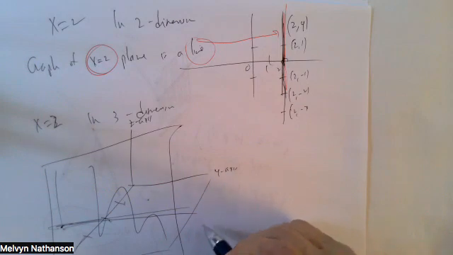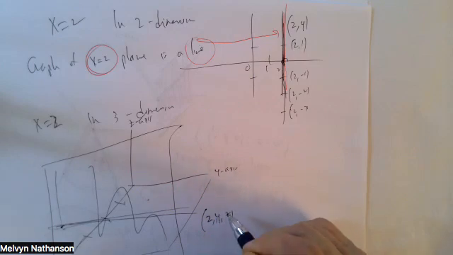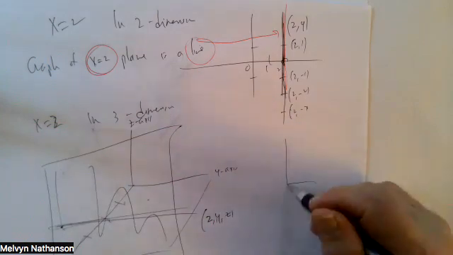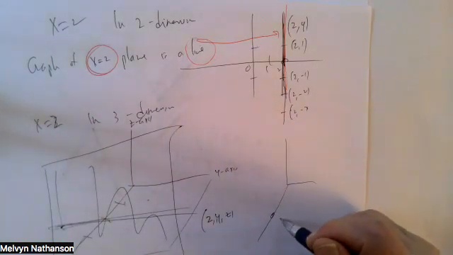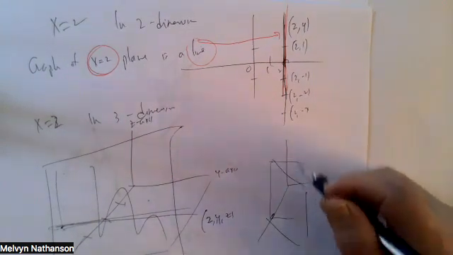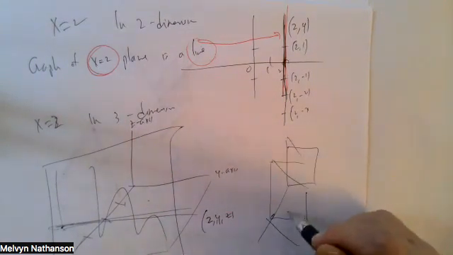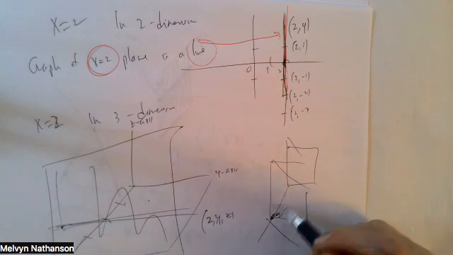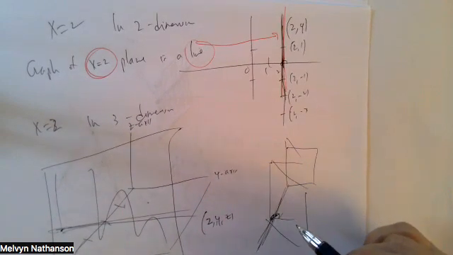This is all points where the x coordinate is 2 and y and z can be anything. It's the plane cutting through the x-axis at x equals 2 and perpendicular to the x-axis.